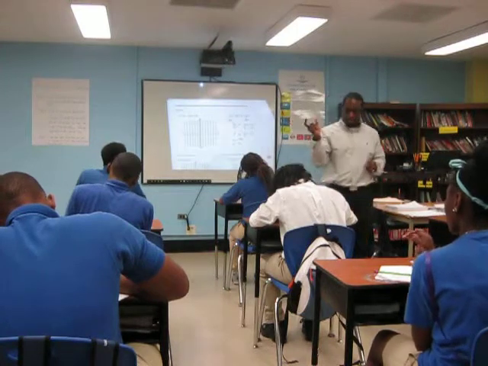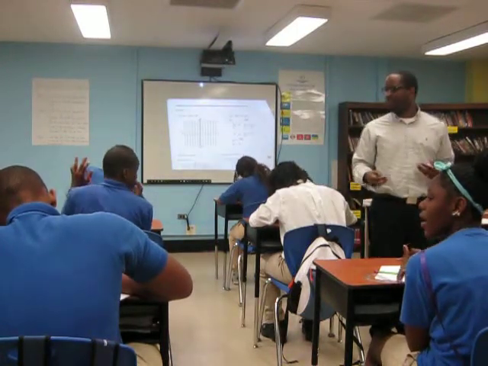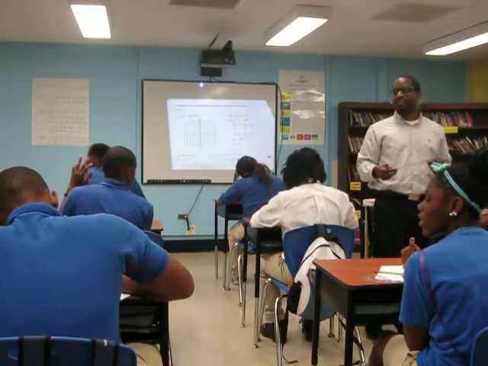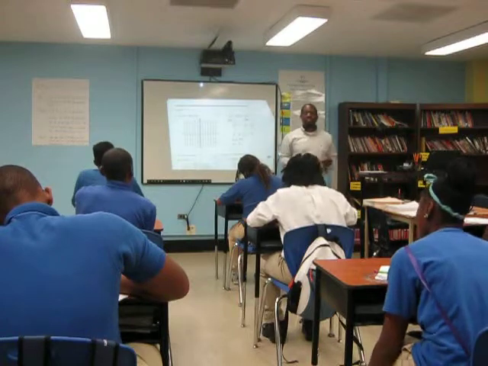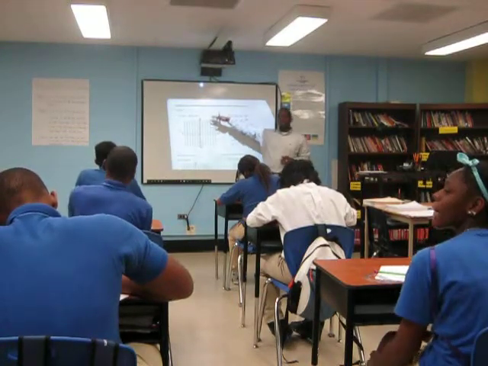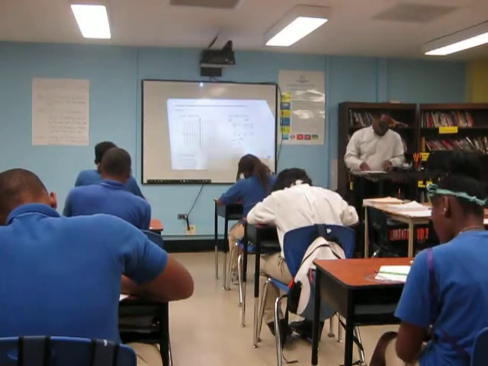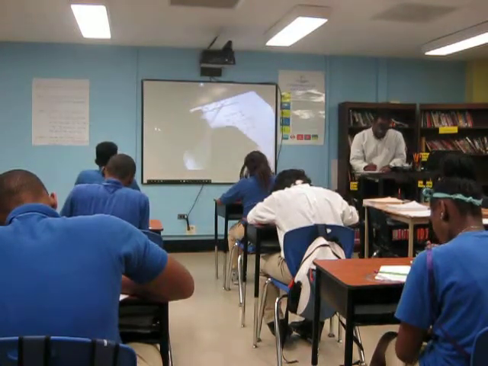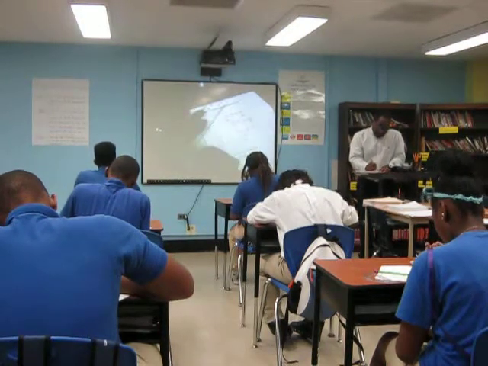What type of inequality symbol is it? Yeah, it's greater than or equal to, right? So if it's greater than or equal to, then I'm going to draw a solid line. All right. So there's my line.